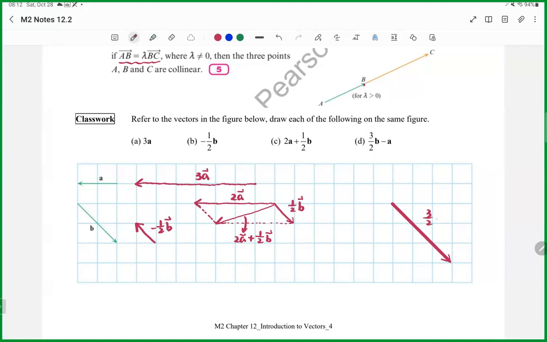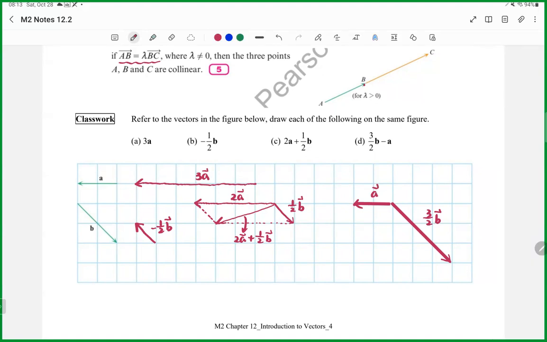3 over 2b. And then minus a. So I will draw a here, so they're connected. This is a.